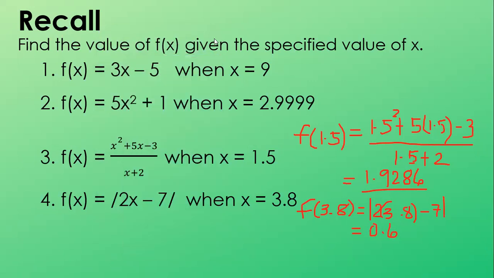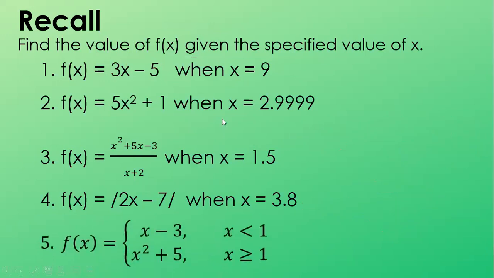All right. So last number, number 5, is f of x is equal to x minus 3 if x is less than 1 and x squared plus 5 if x is greater than or equal to 1.